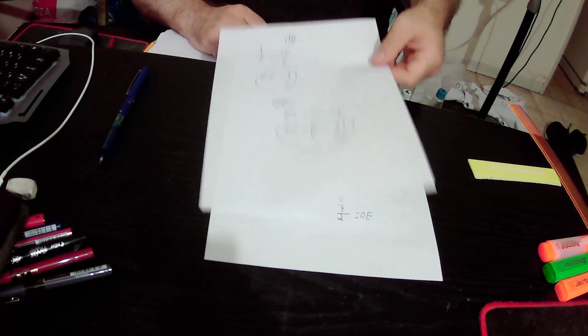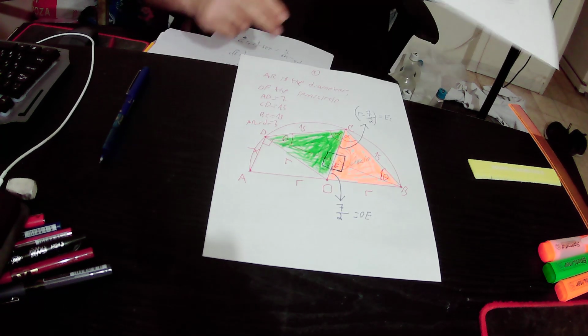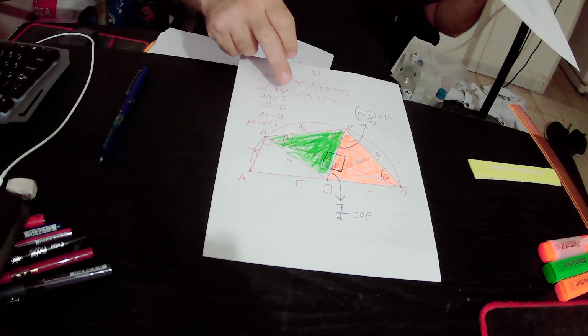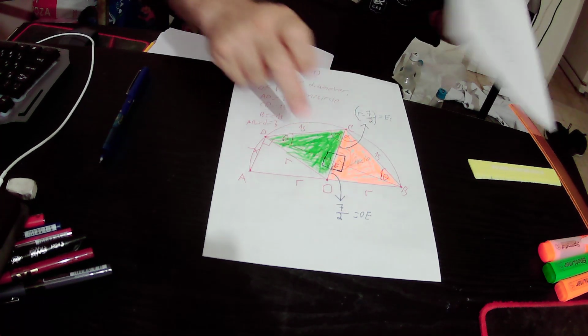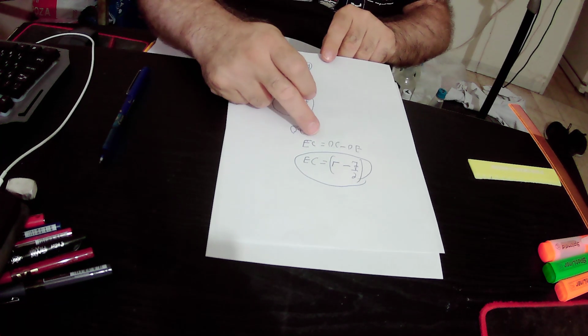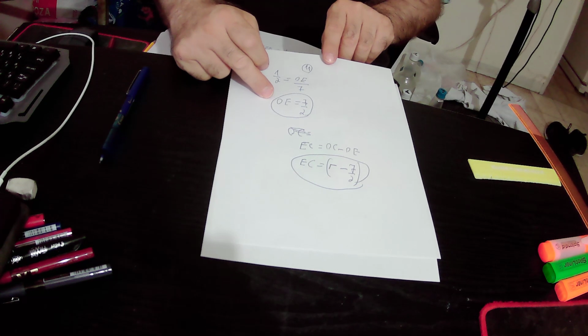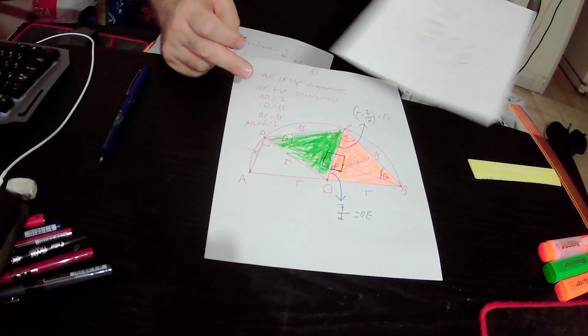So EC equals OC, that is the radius of the semicircle, minus OE, which is 7 over 2. So in total EC equals R minus 7 over 2, and we have already found out that OE equals 7 over 2.